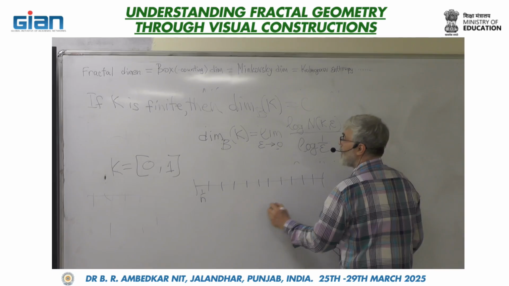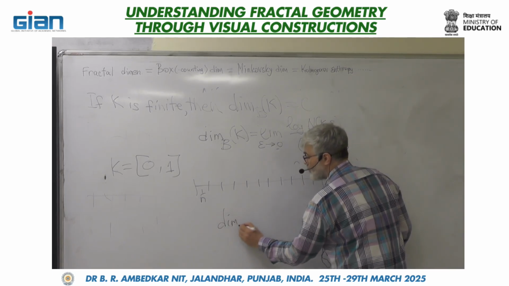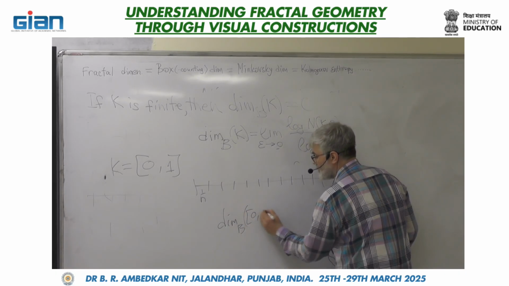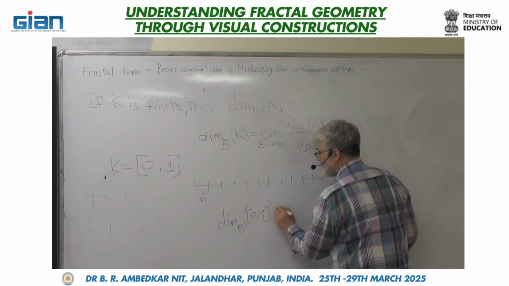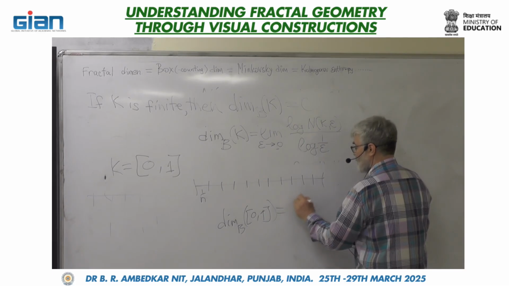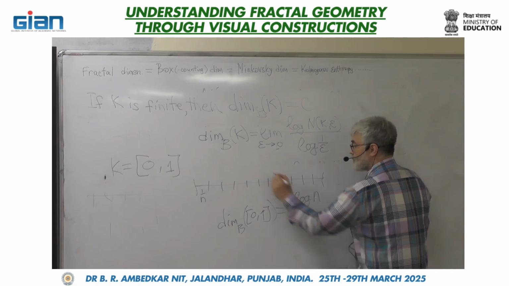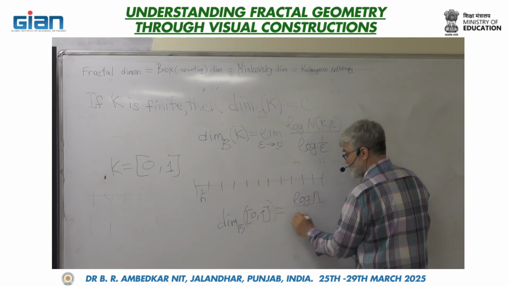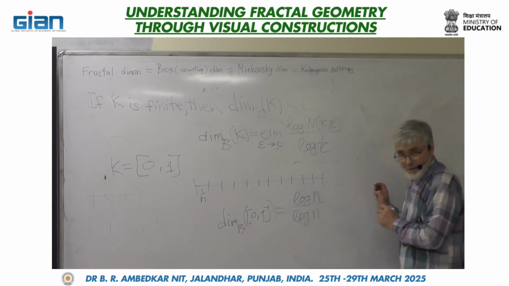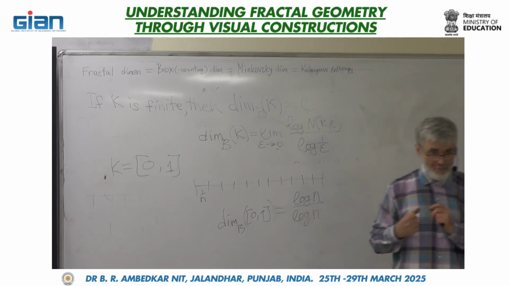We have the dimension of [0,1] equal to the logarithm of n divided by the logarithm of n, which for sure gives us 1.